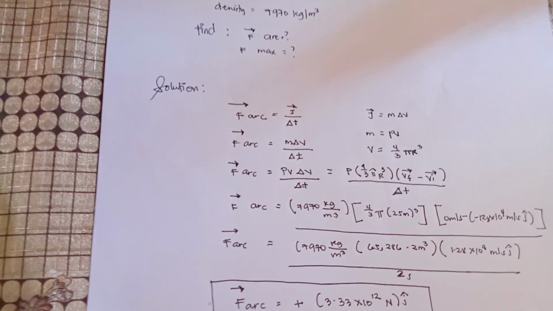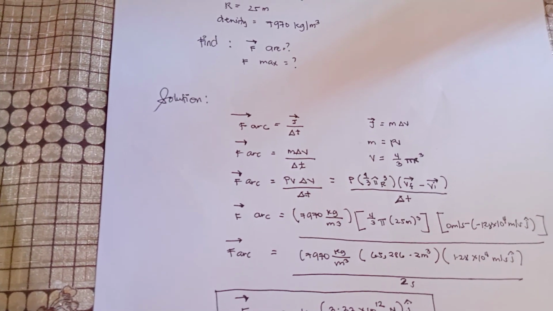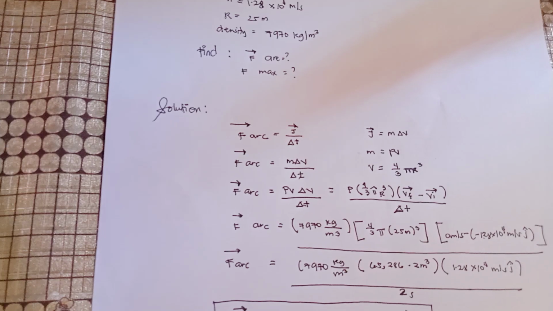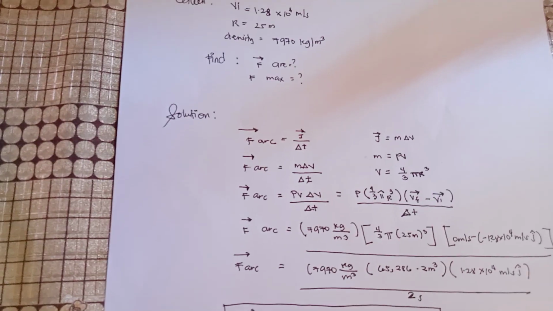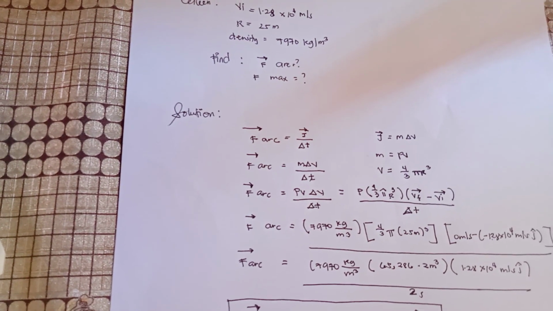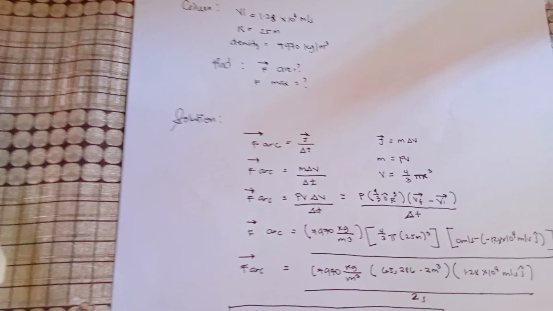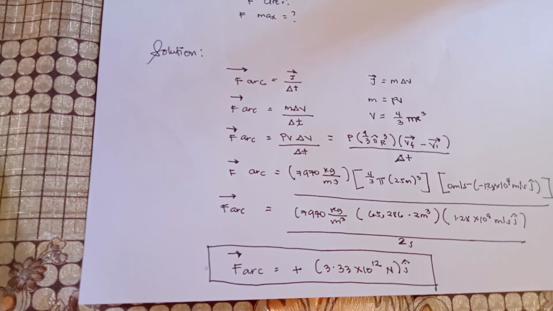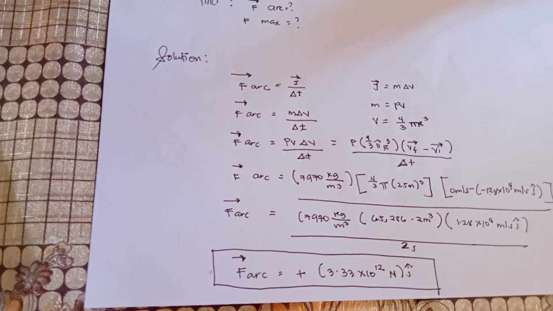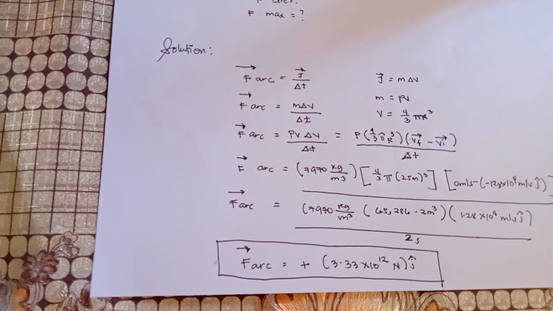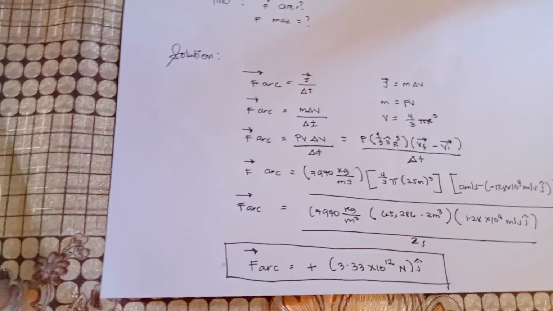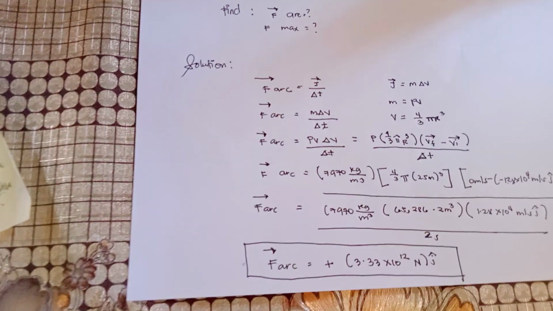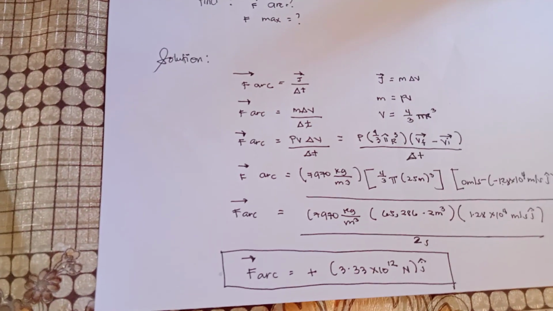The mass equals density times volume. The density of the meteorite is 7,170 kilogram per meter cubed. The volume of the meteorite equals 4/3 pi r cubed.